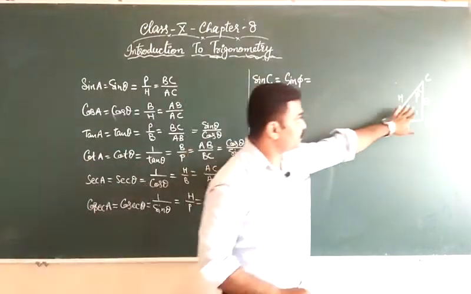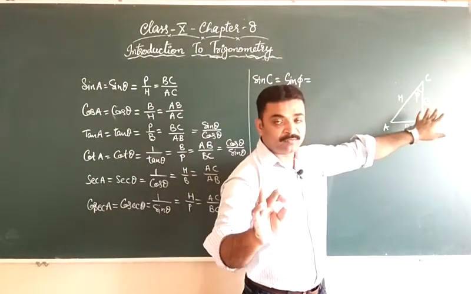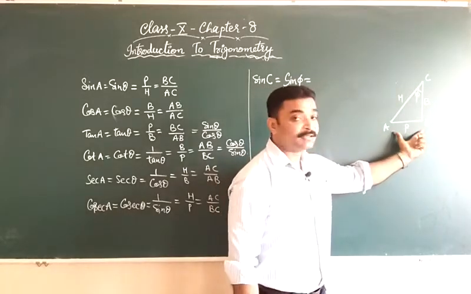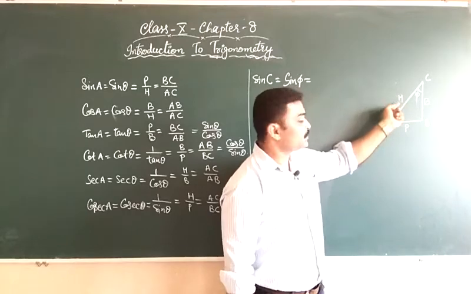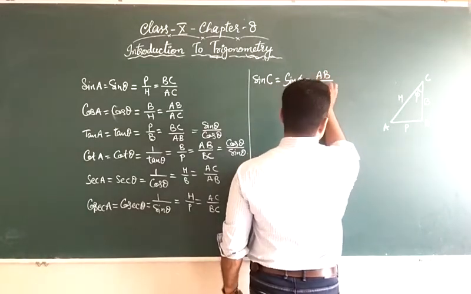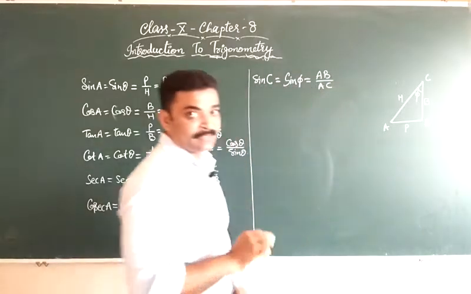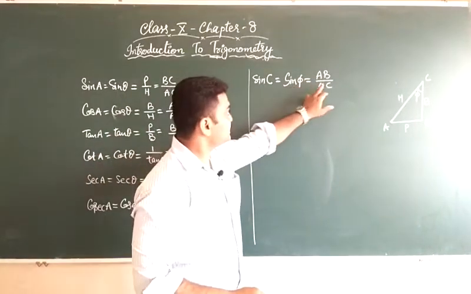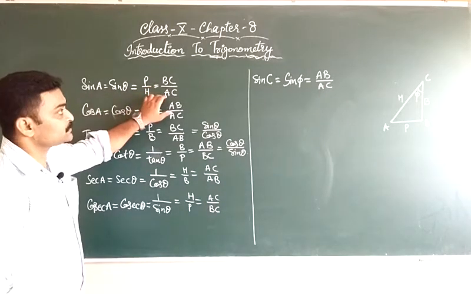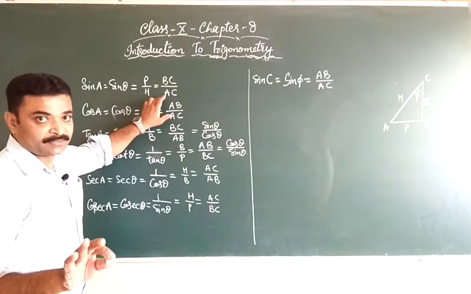Now sin phi is equal to, again the formula is the same, perpendicular upon hypotenuse, but what is perpendicular here? Here AB is the perpendicular and hypotenuse is AC, so AB upon AC. See the difference, here sin phi is equal to AB upon AC and here sin theta is equal to BC upon AC. Understood?